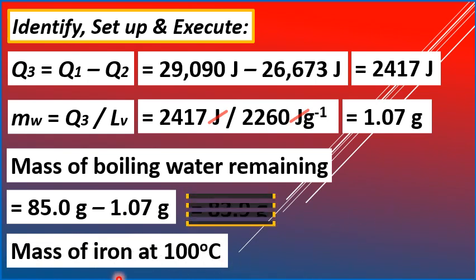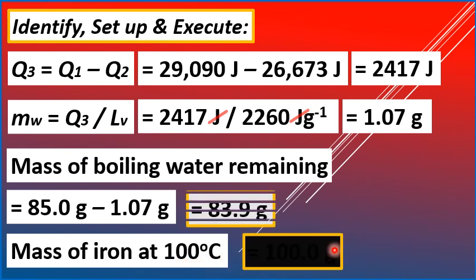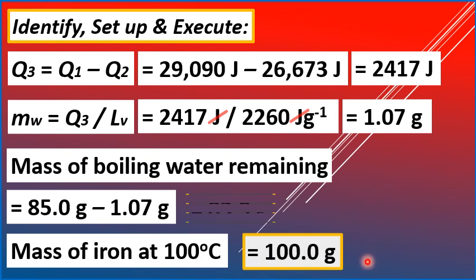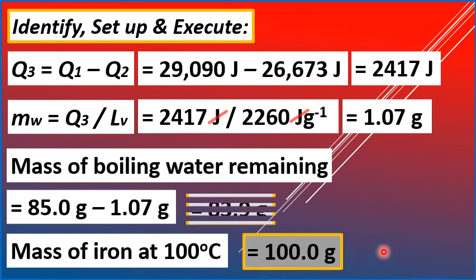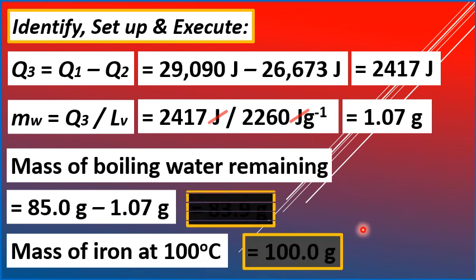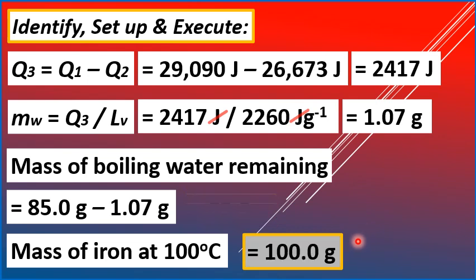And likewise, we are also asked, what is the mass of the iron at this thermal equilibrium temperature of 100 degrees Celsius? Our answer, of course, is that the mass of iron remains 100.0 grams because during this whole process, iron does not undergo any phase change.